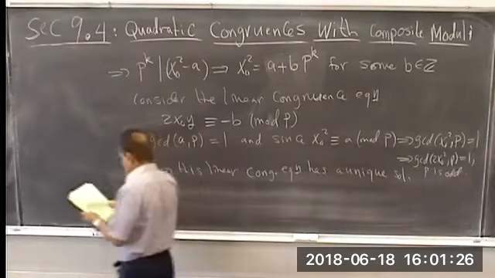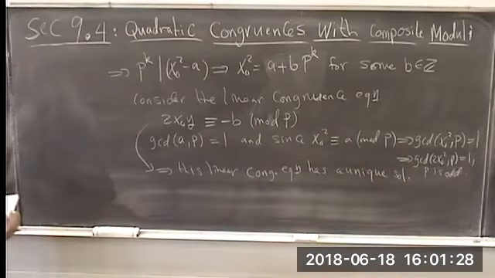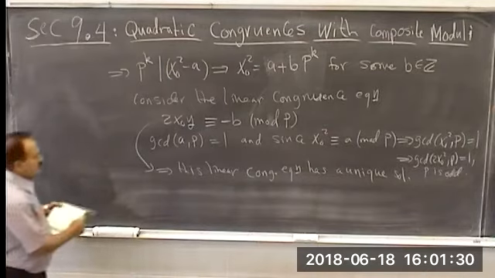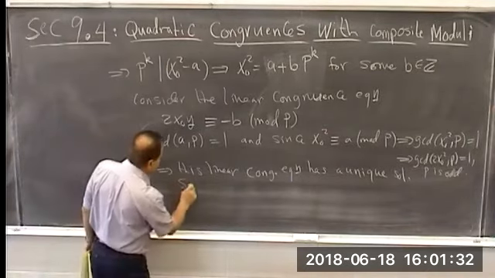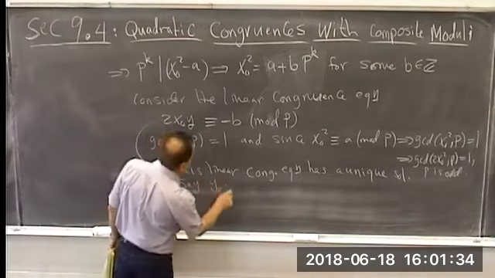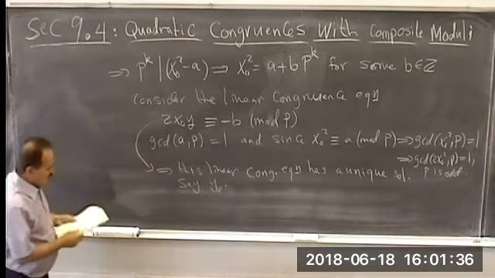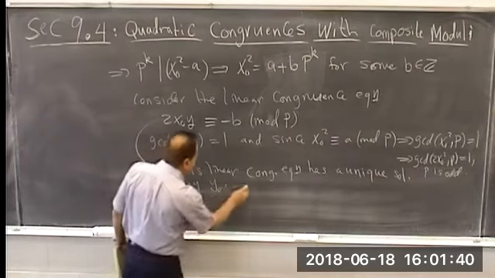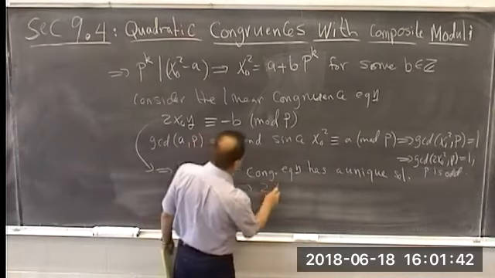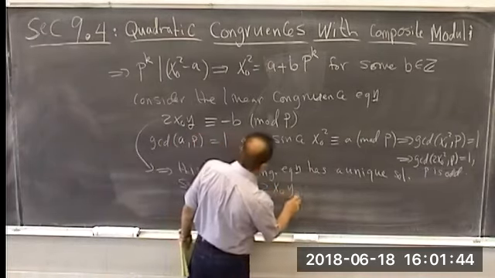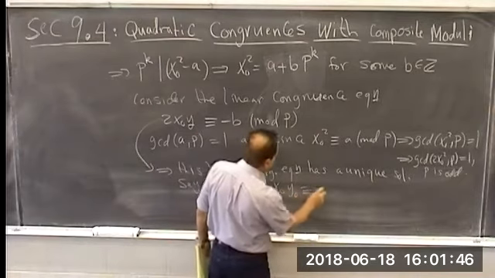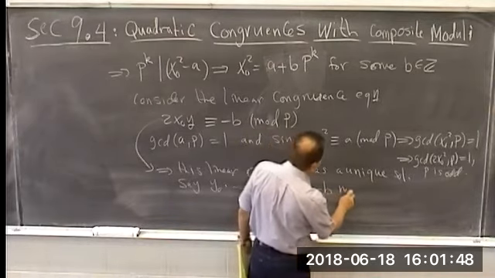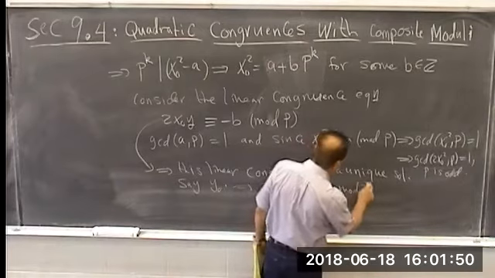All right. Let's call this unique solution y sub 0. So what we have in here is 2x sub 0, y sub 0 is congruent to negative b mod p. This holds.